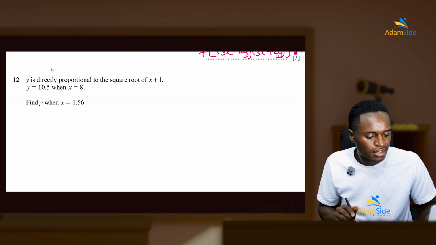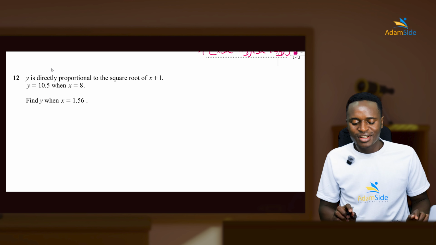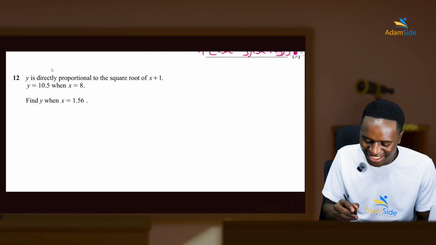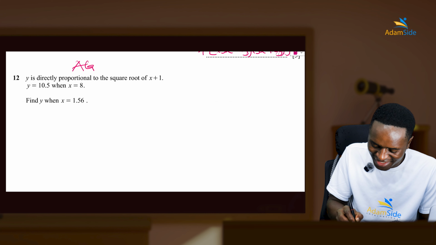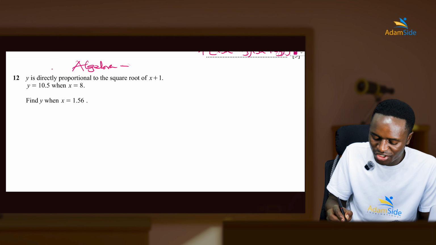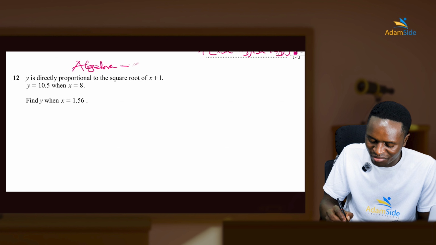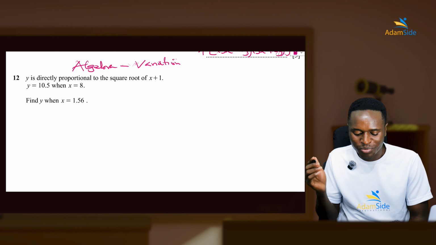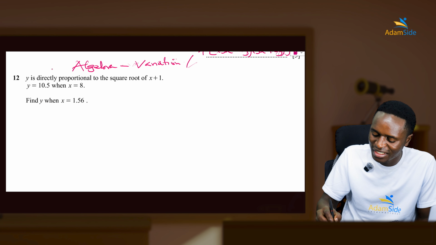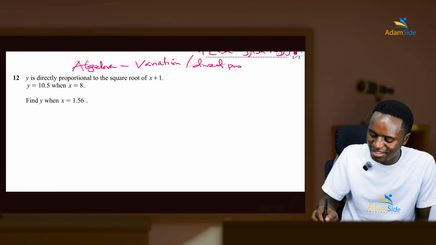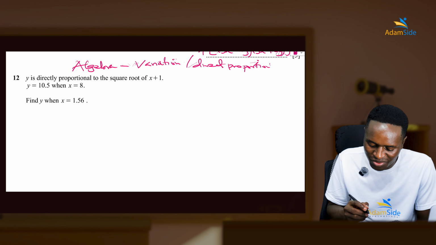Correct. Then next, question number 2. This is simple. Algebra again, in the branch of variation. We can say direct proportion. So what do we do in that case?